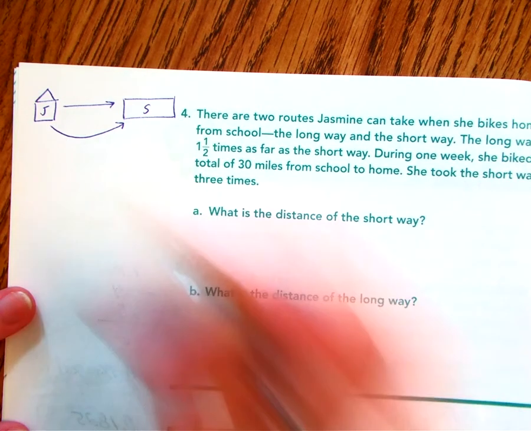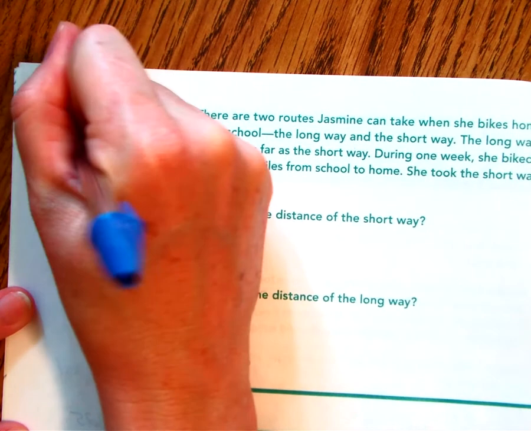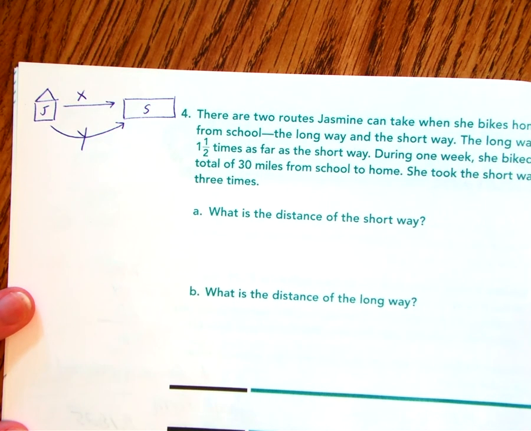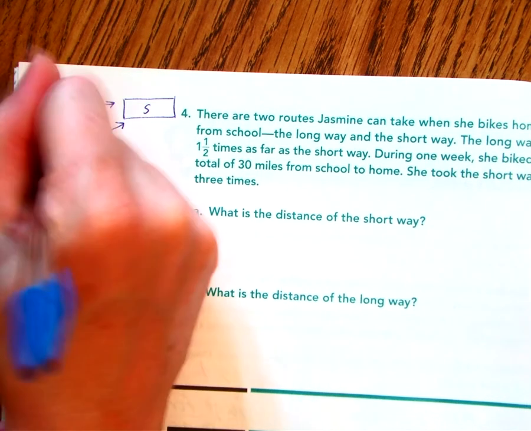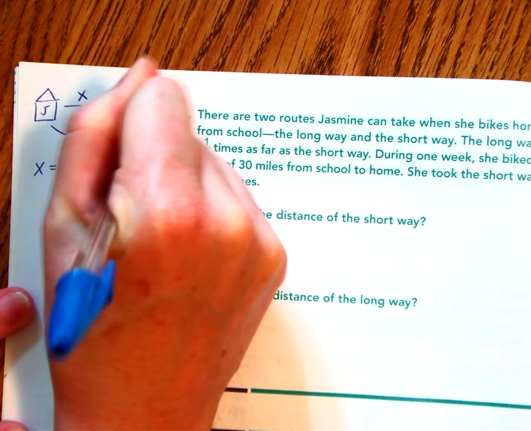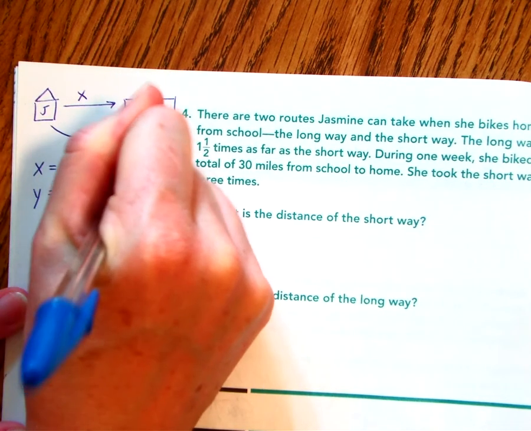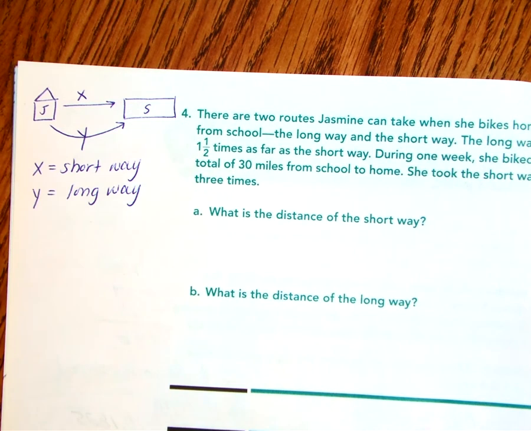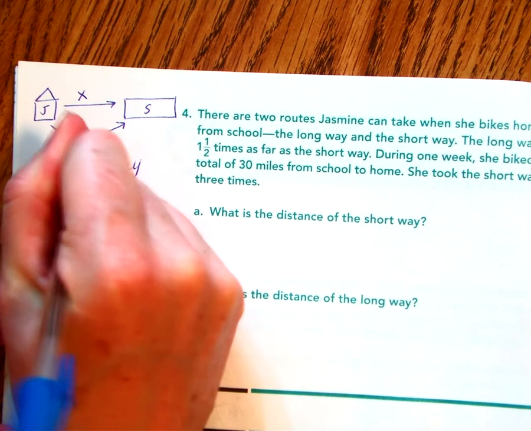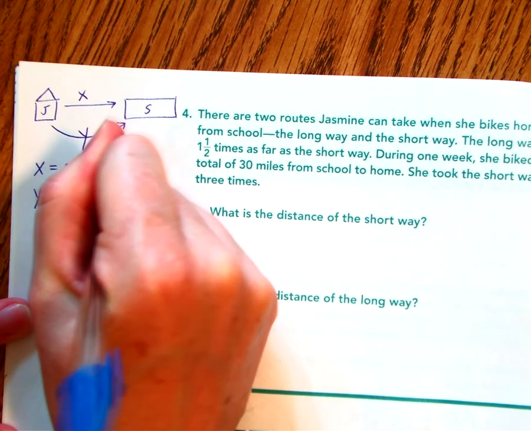We'll call one the short way, x, and one the long way. But what's interesting is they tell us that the long way is 1.5 times as far as the short way. So that really means that the long way is 1.5 times x.